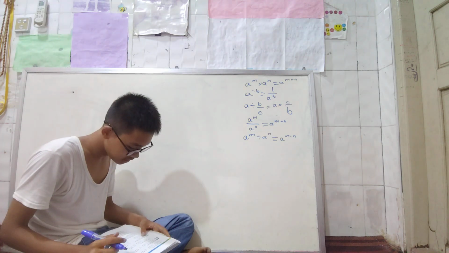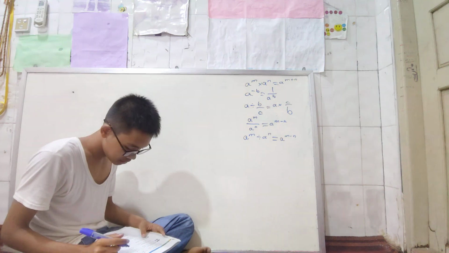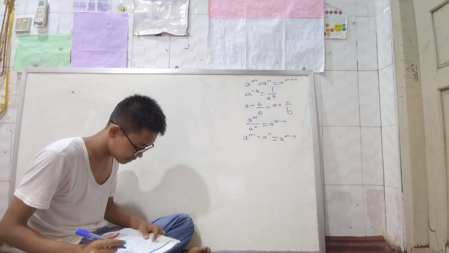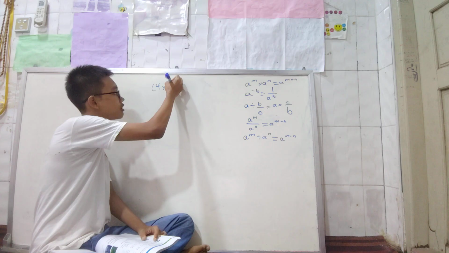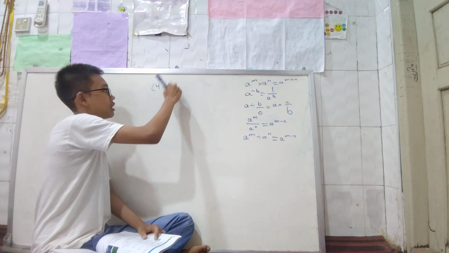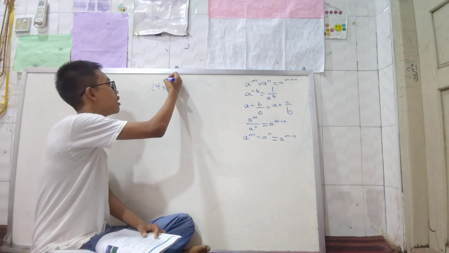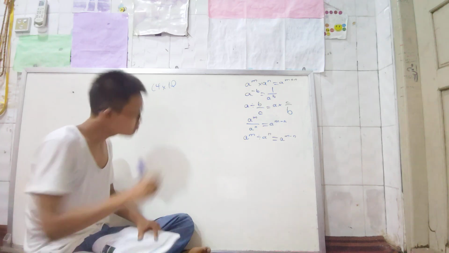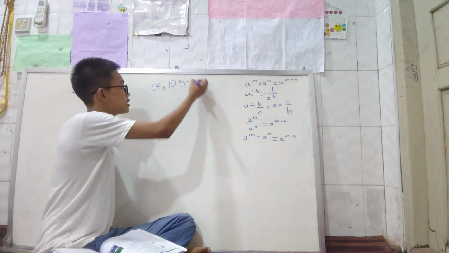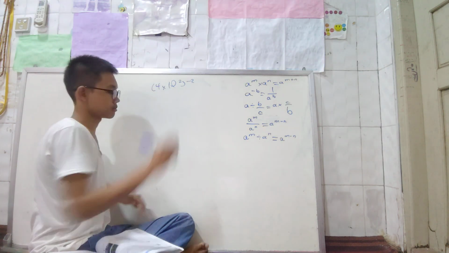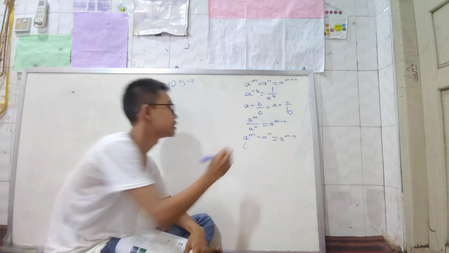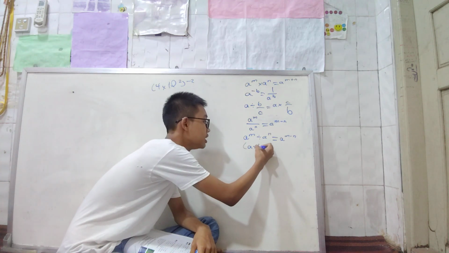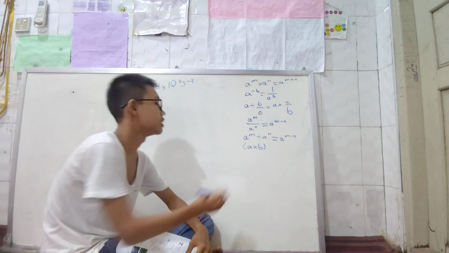So number 17, things got a little bit more difficult this time. Number 17 is 4 times 10 to the power of 2, all to the power of minus 2. That's a bit more challenging, but let's just use this rule. What we've got here is a multiplied by b, all to the power of c.